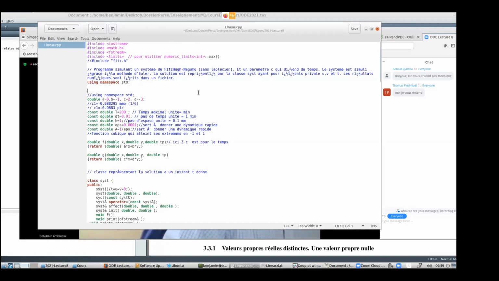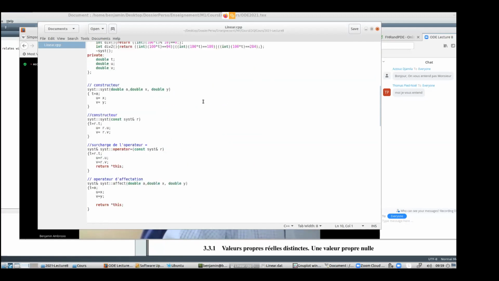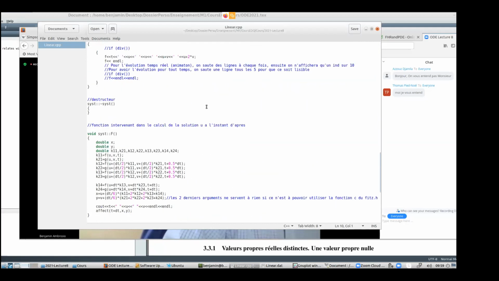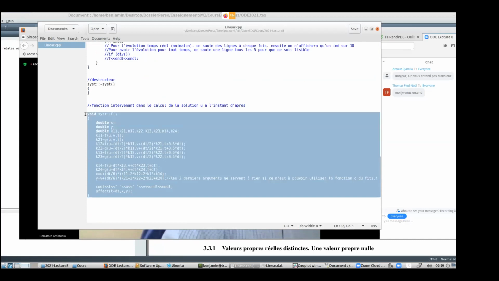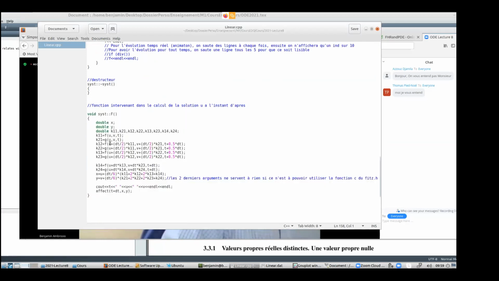So here, two things. I've already shown you this program. It's a C++ program, and here you have the heart of the Runge-Kutta-4 method. Here is defined my iteration with function f and function g.